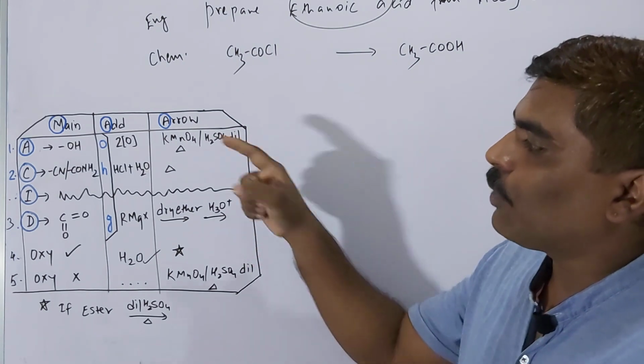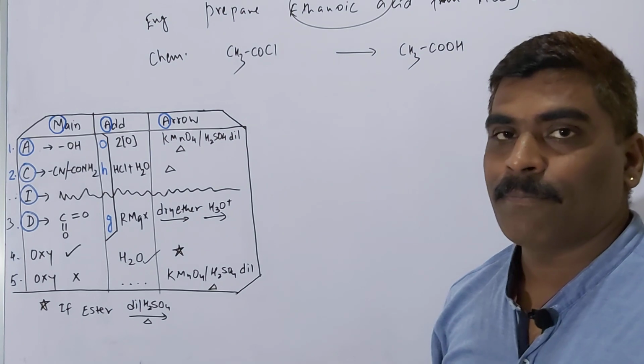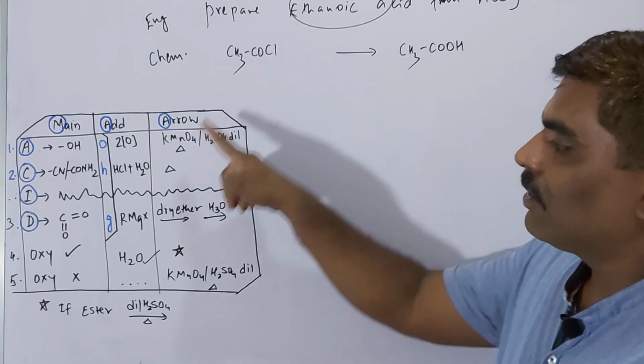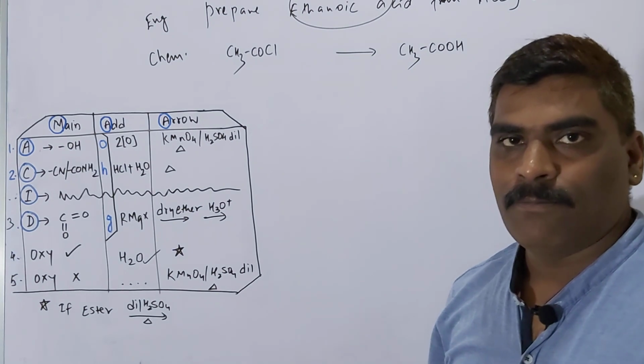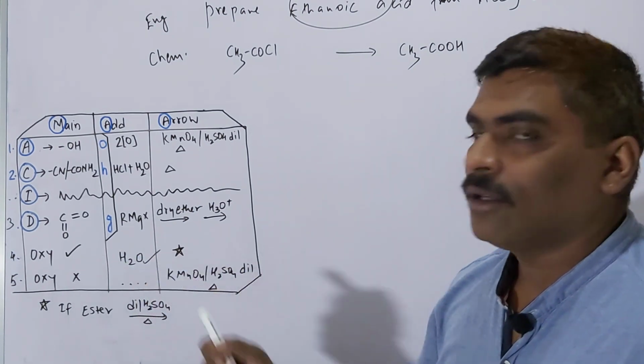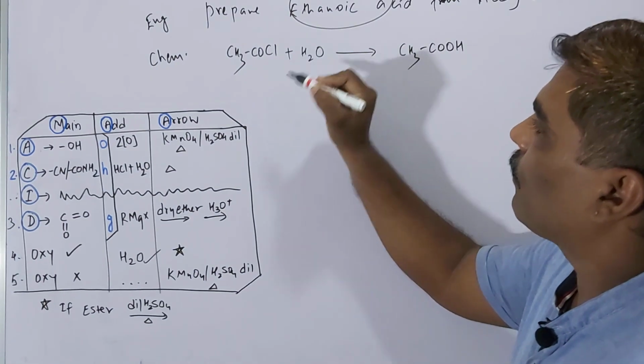If it does not belong to 1, 2, 3, then what to do now? Then go for number 4 and 5. Means you check oxygen is there or not. So oxygen is there. If oxygen is there, what are you going to add? Water. So you will write here H2O.